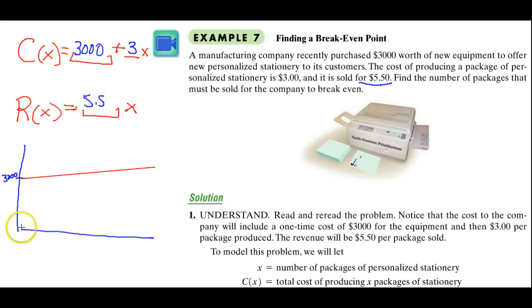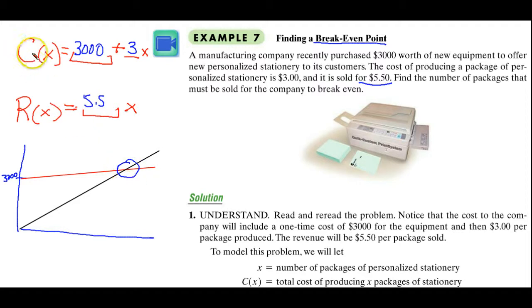This is 5.5. There's going to be a point up here where the revenue exceeds the cost. And at this point, we call that point the break-even point. So this is a little bit of economics. So how do you find out what that break-even point is?